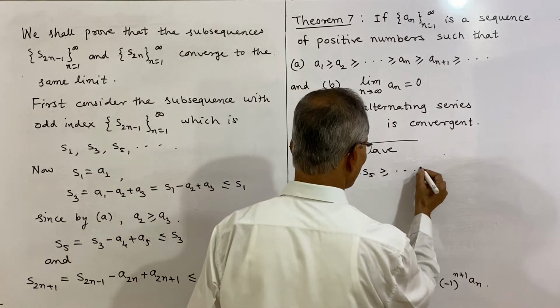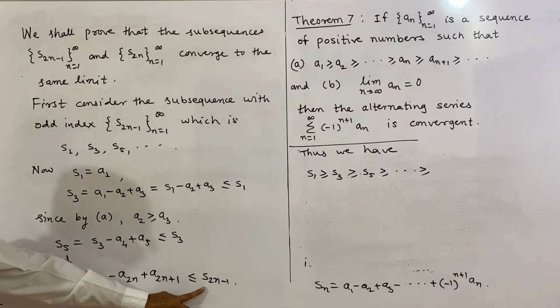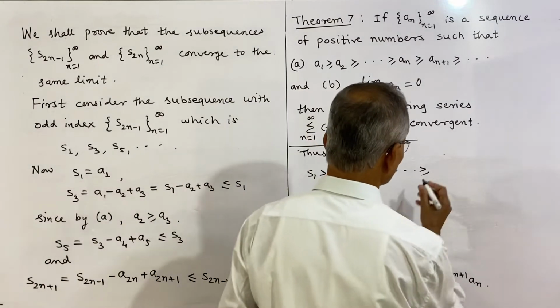In general, S2n minus 1 is greater than or equal to S2n plus 1.